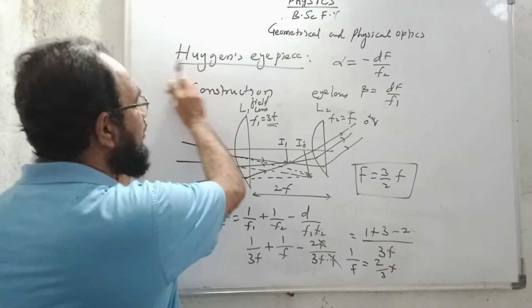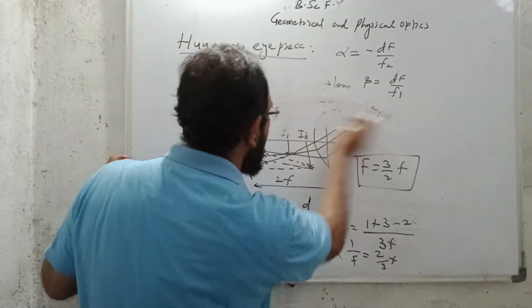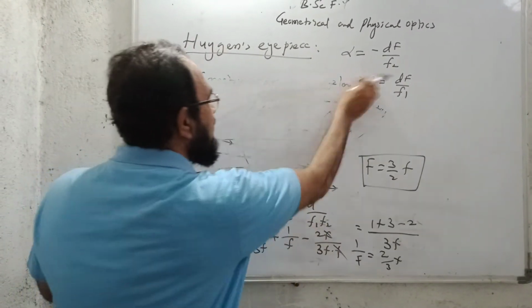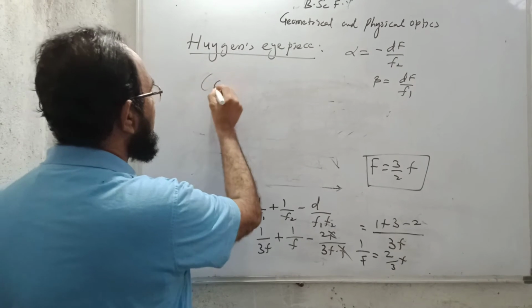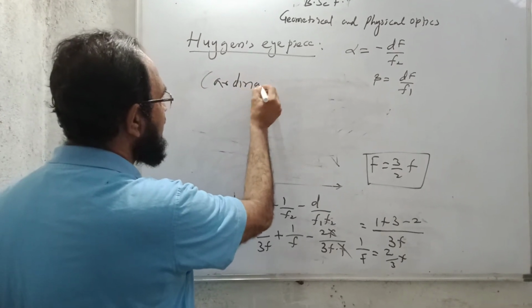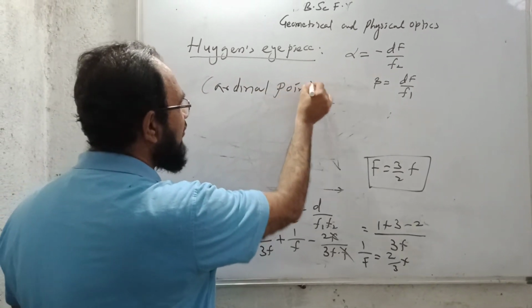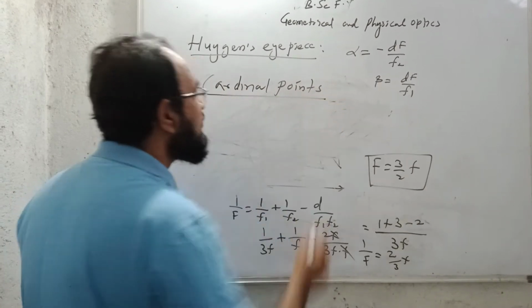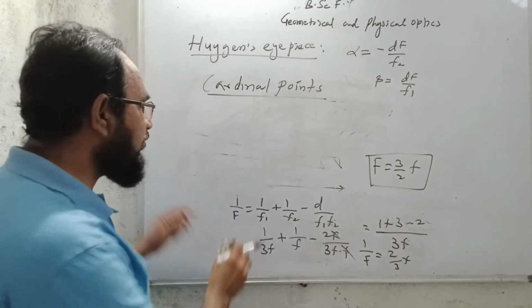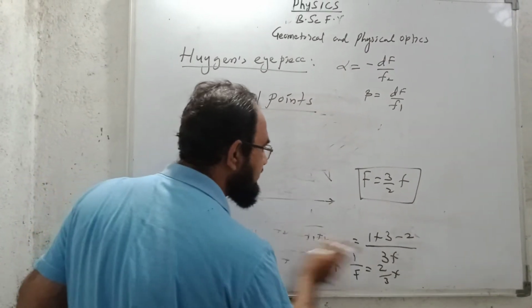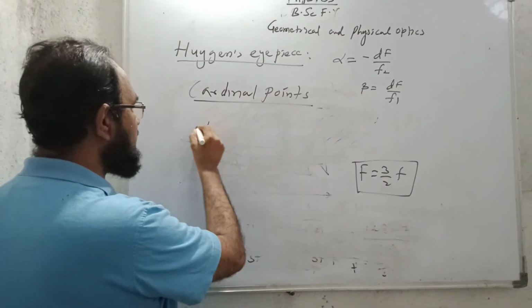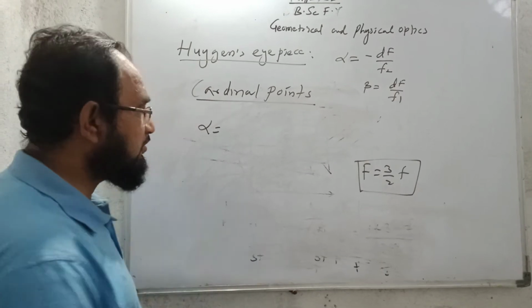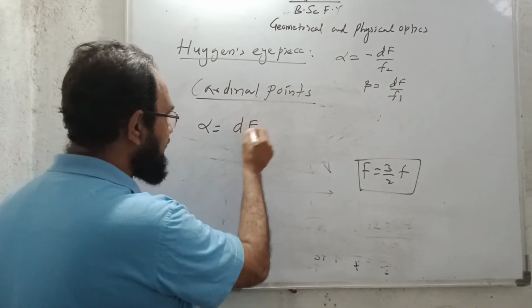Now the cardinal points of the Huygens eyepiece. To find them, I have the formula alpha is equal to df upon f2.